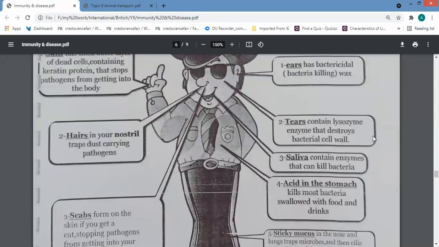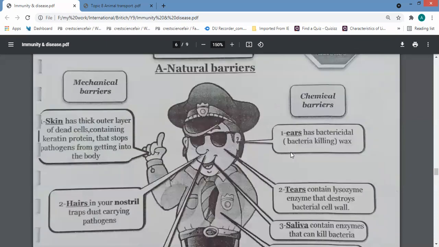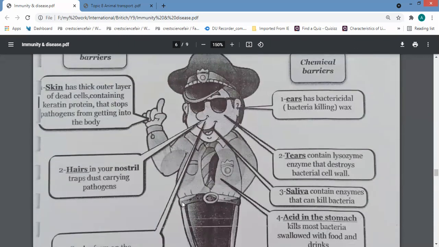Okay. The second barriers, the mechanical ones. The skin. We know that our bodies are covered with skin. Skin has a thick outer layer of non-living cells. These non-living, dead cells contain a type of protein called keratin.